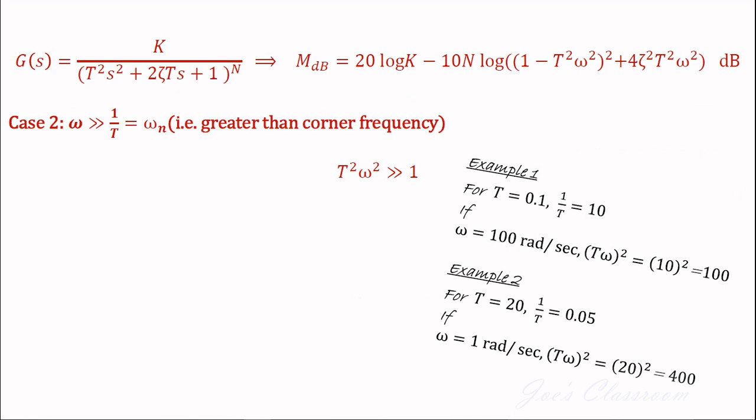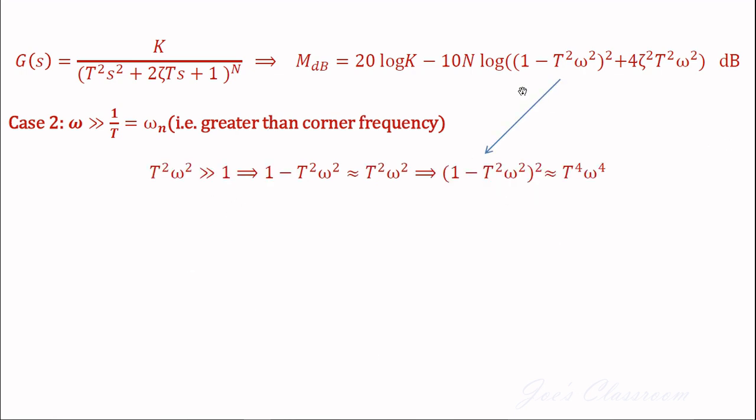If this is the case for frequencies lesser than the corner frequency, let us see what is going to be the case for frequencies greater than the corner frequency. In such a case, t square omega square becomes more prominent when compared to 1, and you can verify that from these examples also. In this term 1 minus t square omega square, the 1 is going to be negligible, and the whole term squared is going to be t power 4 omega power 4.